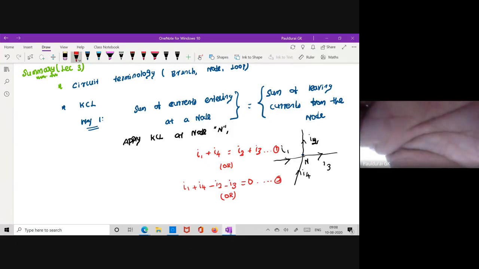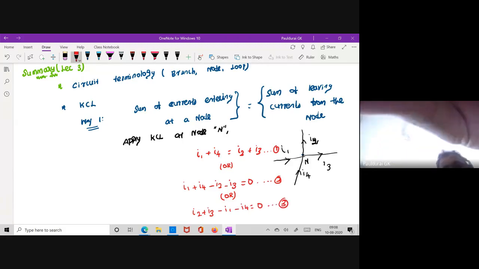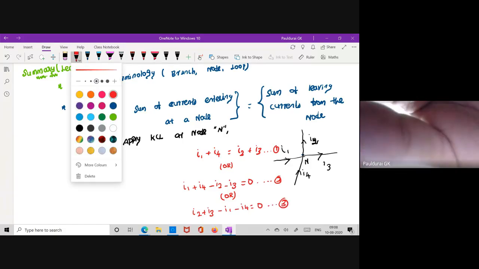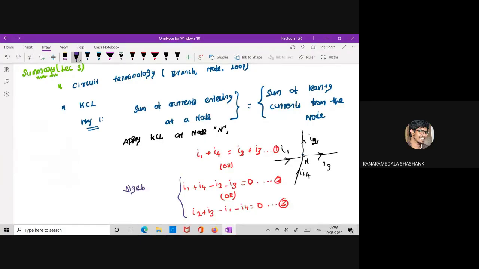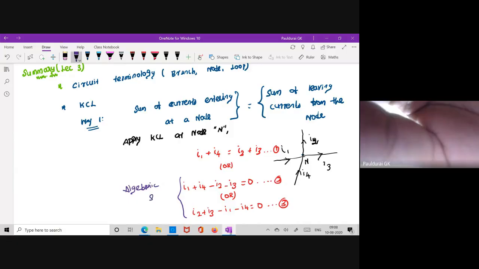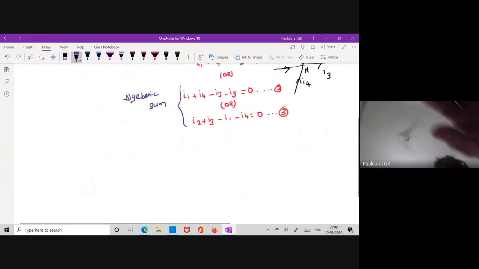So this time you get I2 plus I3 minus I1 minus I4 equal to 0. Take equation number 3. What are equations 2 and 3? This is called the algebraic sum of currents at any node is 0.